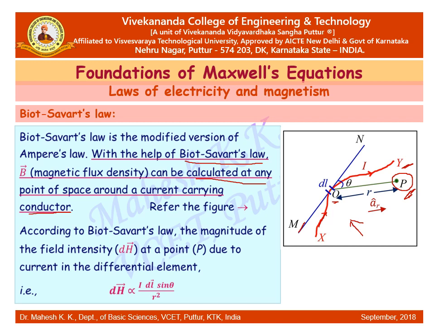According to Biot-Savart's law, the magnitude of field intensity at a point P due to current in the differential element is directly proportional to the product of the current I, the length of the differential element dl, and the sine of the angle between the tangent drawn to the element and the line joining the point to the differential element, that is sine theta, and is inversely proportional to the square of the distance between the point and the element.